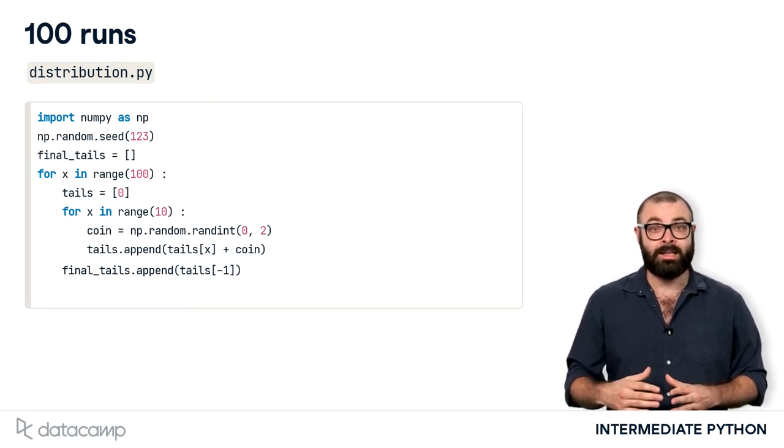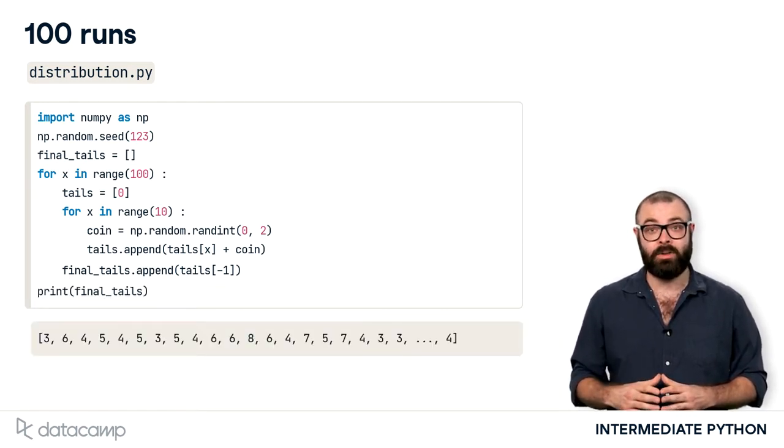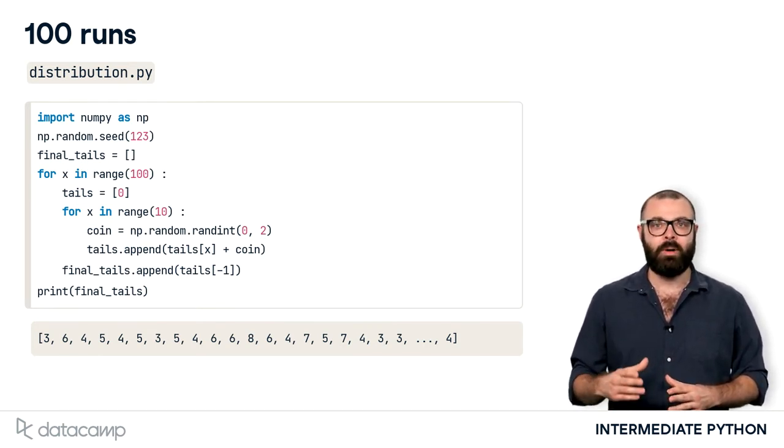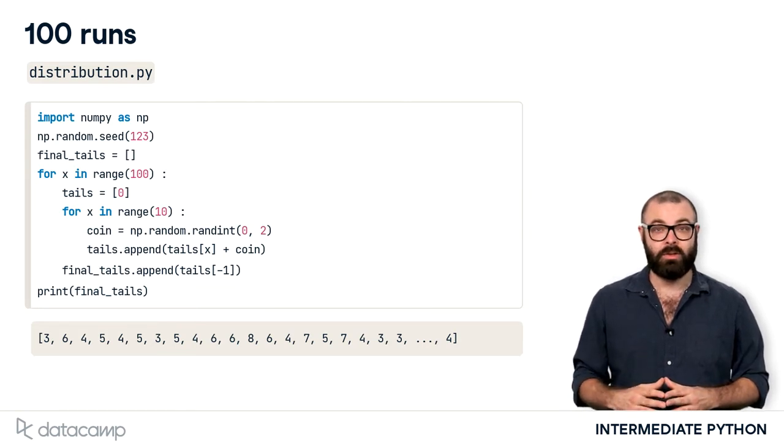If you put a last line in here to print final_tails outside of the for loop and run the script, you see that final_tails contains numbers between 0 and 10. Each number is the number of tails that were thrown in a game of 10 tosses. All these values actually represent a distribution that we can visualize.